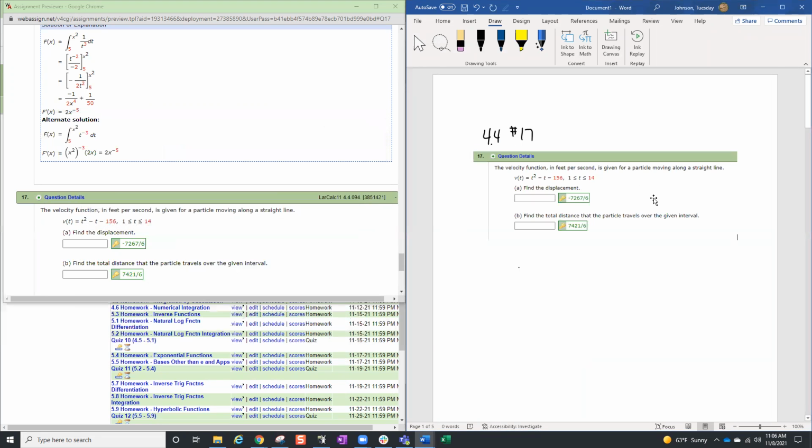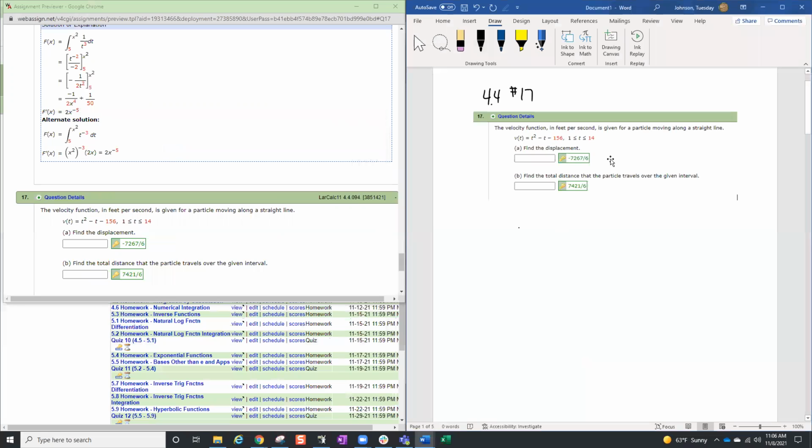Let's talk through it. The velocity in feet per second is given for a particle moving along a straight line. Here's what we know about velocity: it is the derivative of distance, or displacement, and it has a derivative of acceleration.